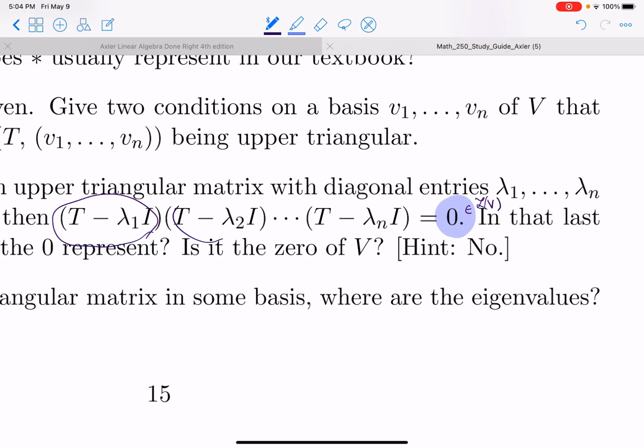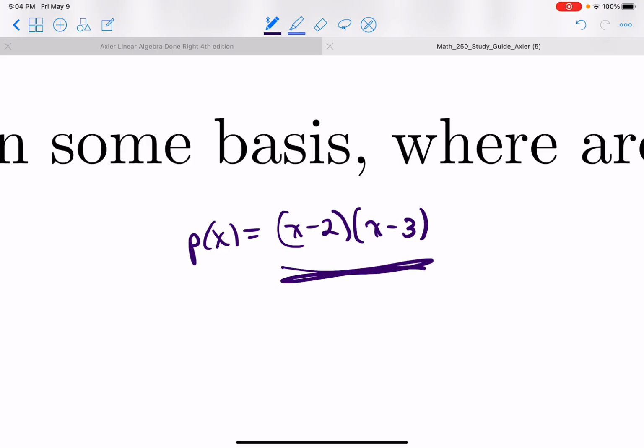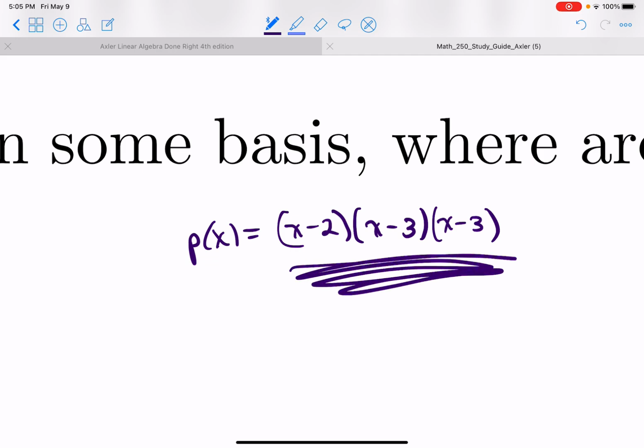So this you should think of as P of T, where P is a polynomial that factors into linear factors, right? So if P of x equals (x minus 2) times (x minus 3), it factors into 2 linear factors, okay? And even if you have another x minus 3, now it factors into 3 linear factors, and we're sort of repeating 3.